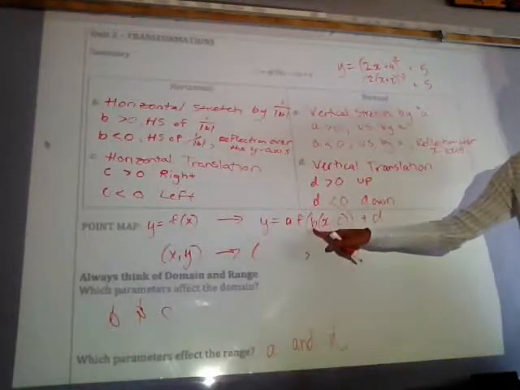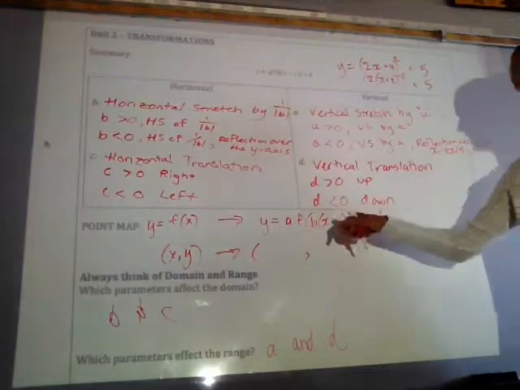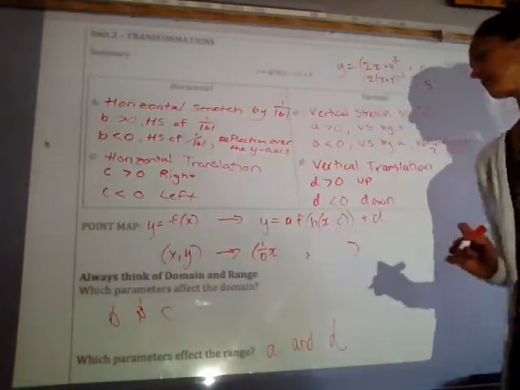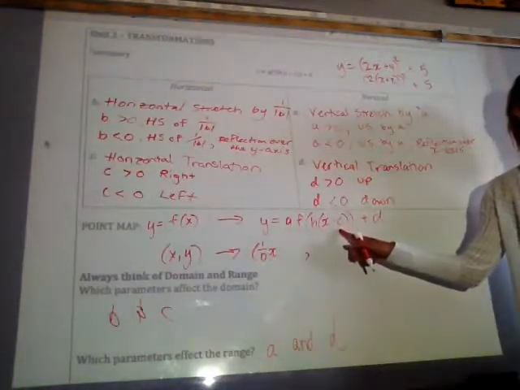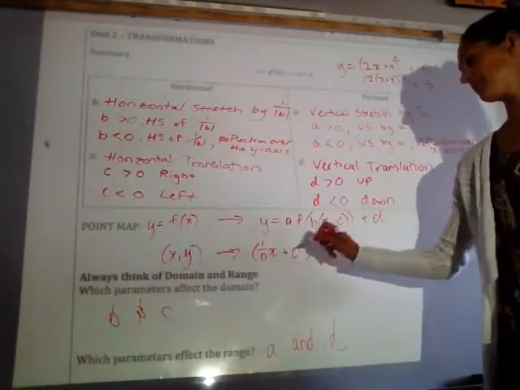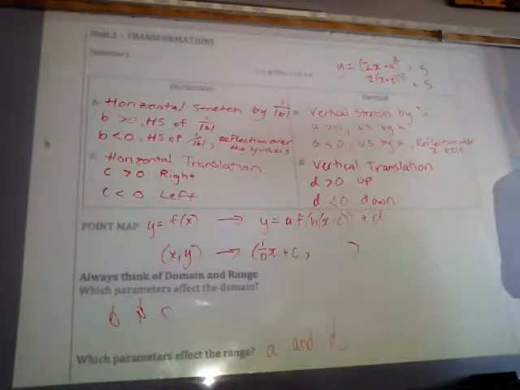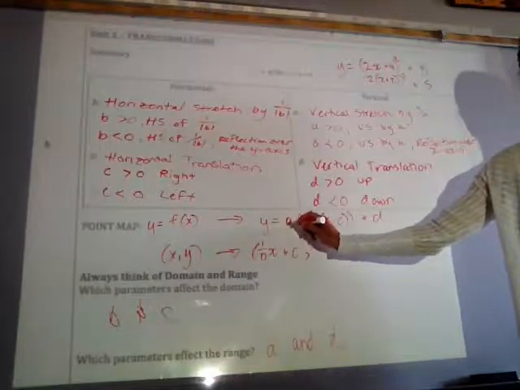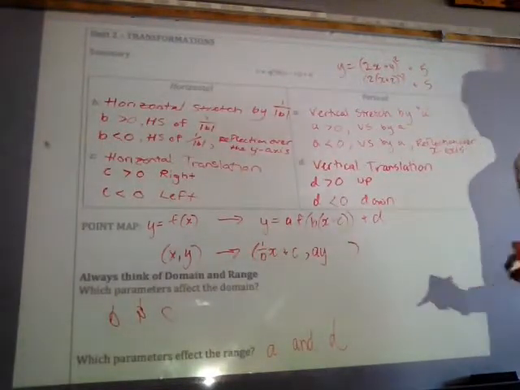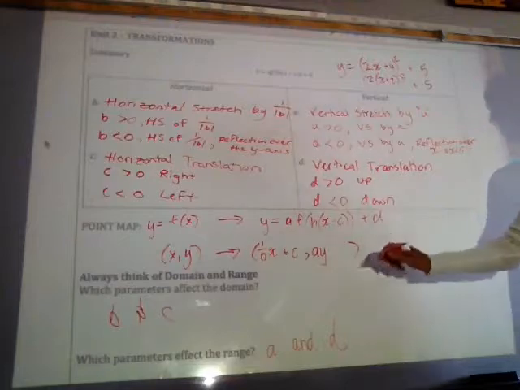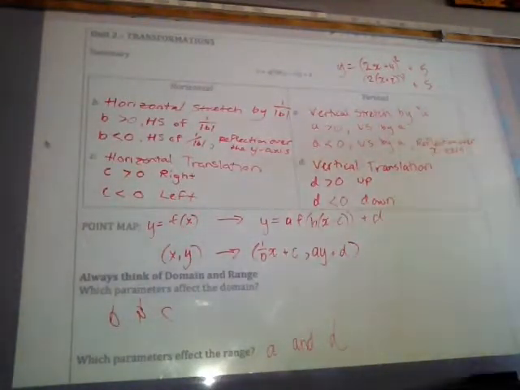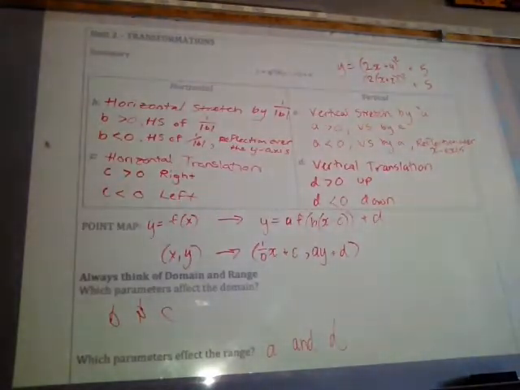Remember our stretch factor is 1 over b, so x will be transformed to 1 over b x, plus whatever the c value is. And our y coordinate will transform to our vertical stretch a times the y value, and then whatever d is, we're going to add. That's the general notation for point mapping when we're dealing with transformations. We have a few specific examples that we're going to touch on later.